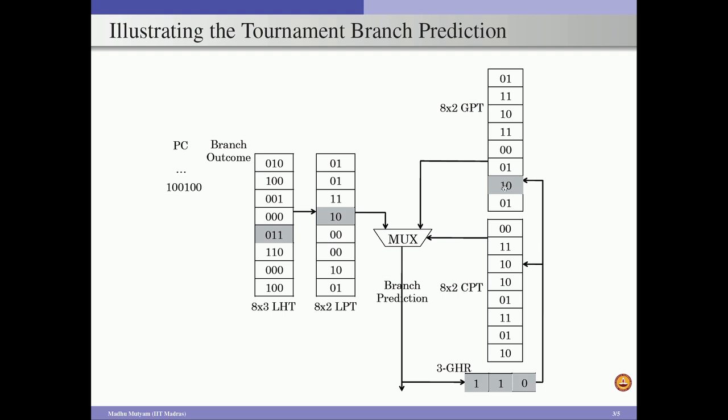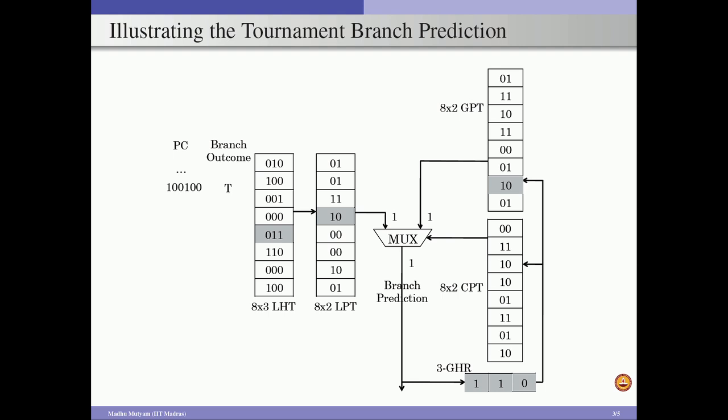This is again a 2-bit dynamic branch predictor, so we are going to predict that the branch is going to take place according to this GPT also. Both are going to say that the branch is going to take place. As a result, there is a match in their decisions, so we are going to predict that the branch is going to take place and we proceed further.